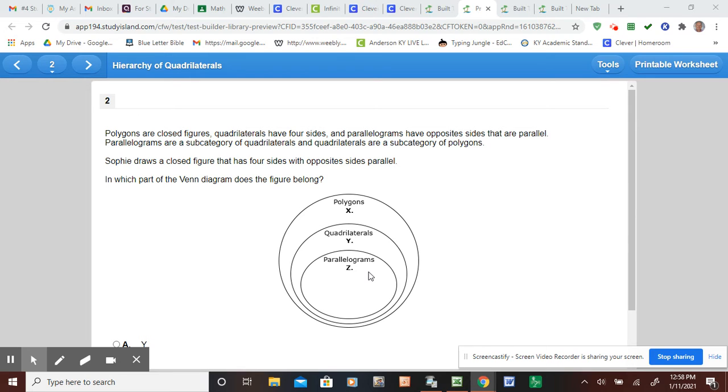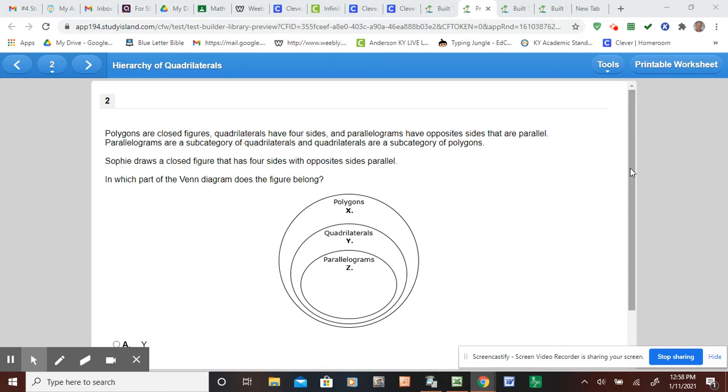So let's answer this question. Sophie draws a closed figure, that's a polygon, that has four sides, that's a quadrilateral, and opposite sides parallel. Which part of the Venn diagram does that belong to? Well, if it's a closed figure, all of these are closed figures, right?